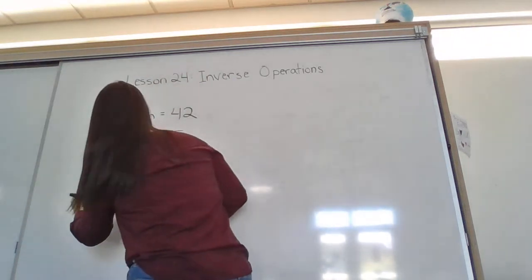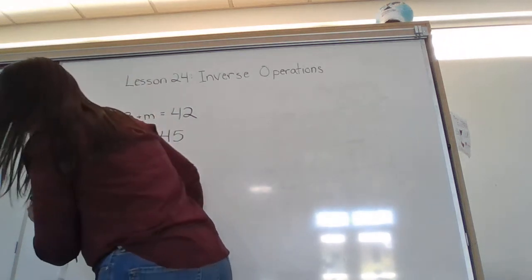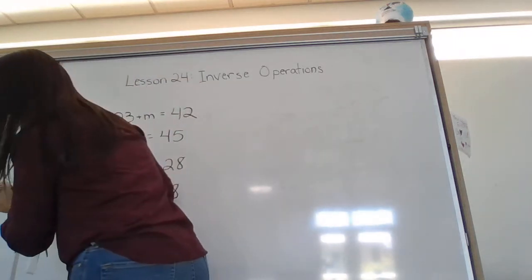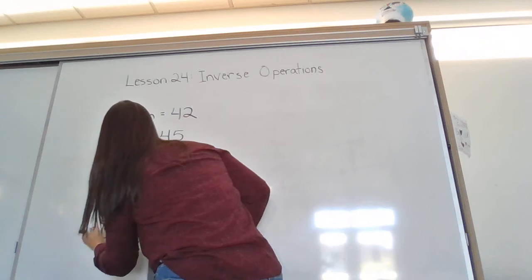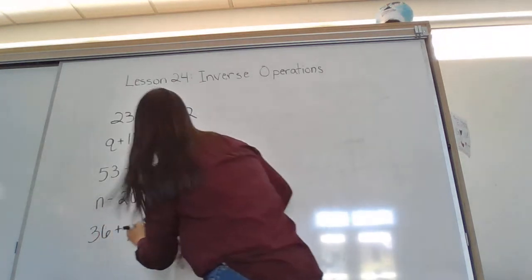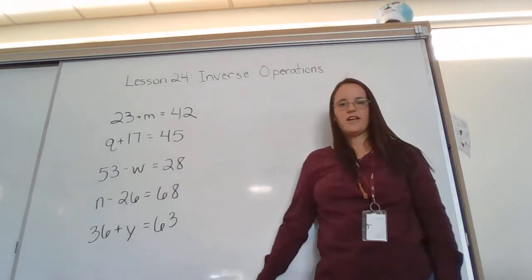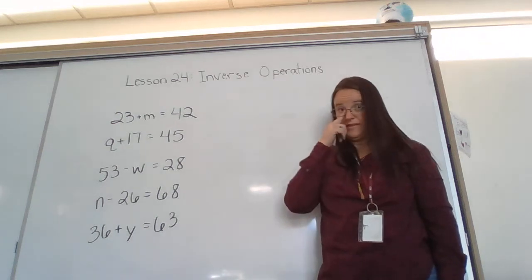Then we have N minus 26 equals 68. And finally, we have 36 plus Y equals 63. All right, give those a try on your own. Press play again when you're ready to go over the answers.